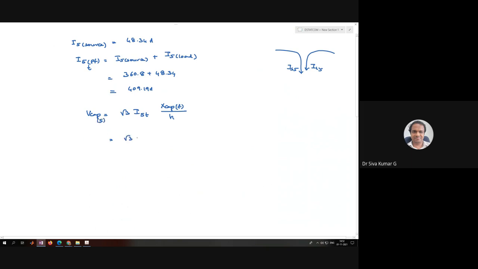It is root 3 times 49 point, into 0.4267 by the H value of 5, about 60.48 volts. These are the values which are very important to us in evaluating the capacitor duties.